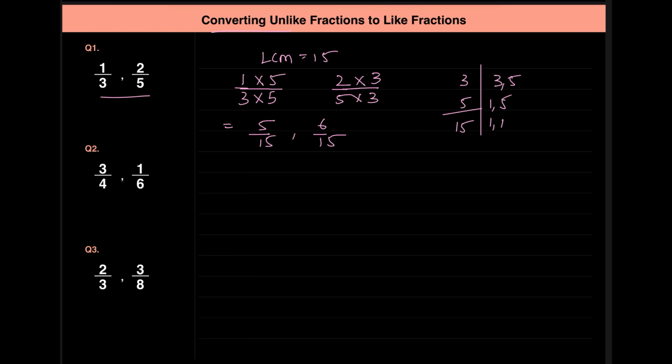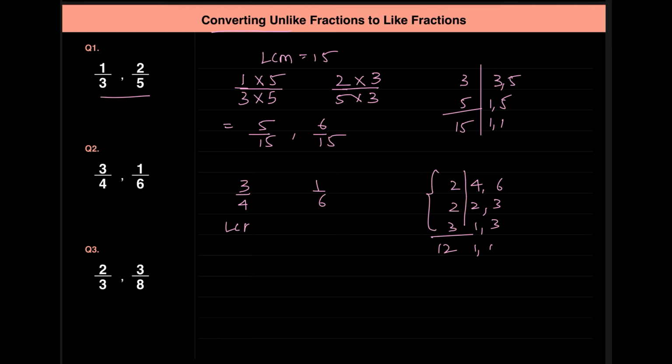The next sum, what is the LCM? First let us write down both, 3 upon 4 and 1 upon 6. 4 and 6, the LCM is 12.